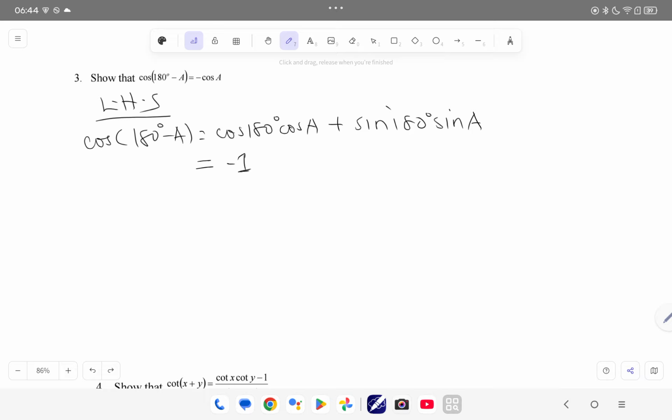180 degrees is the same as 180 degrees minus 0. Now cos of 0 is 1. If I do this, cos of 180 degrees minus 0 degrees, I'm trying to make it as if it's in the second quadrant, with this as my acute angle 0.